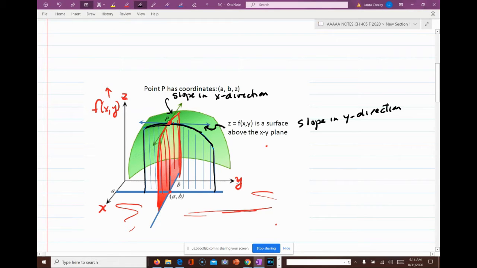Okay, and we call the slope in the y direction, instead of calling it a derivative, a partial derivative. This little symbol here is a partial derivative.